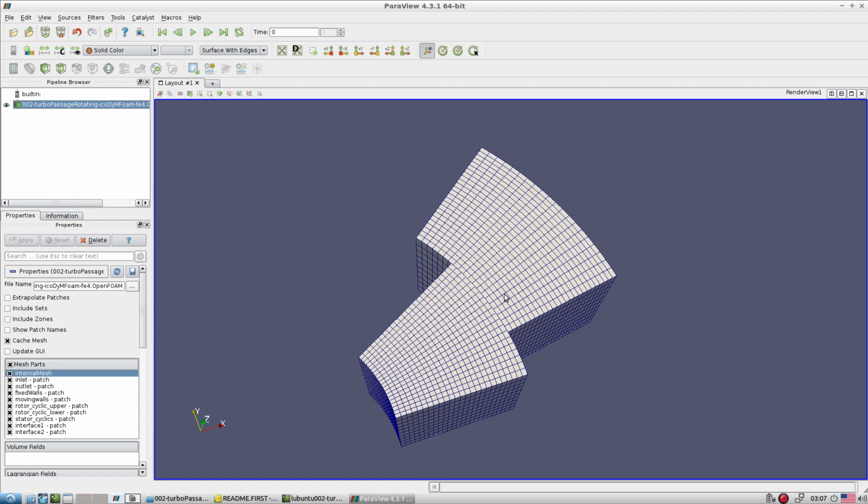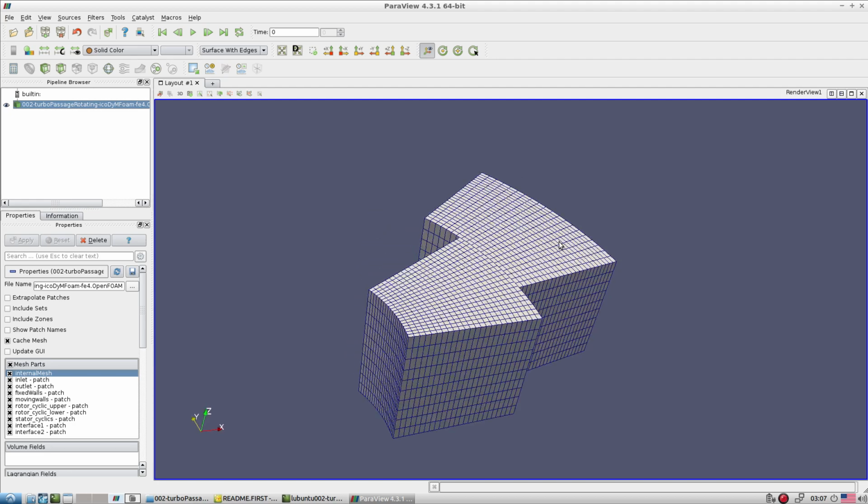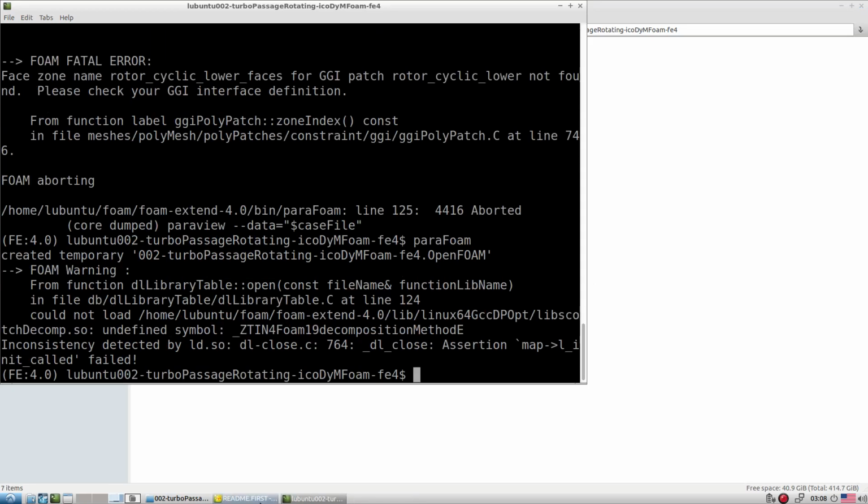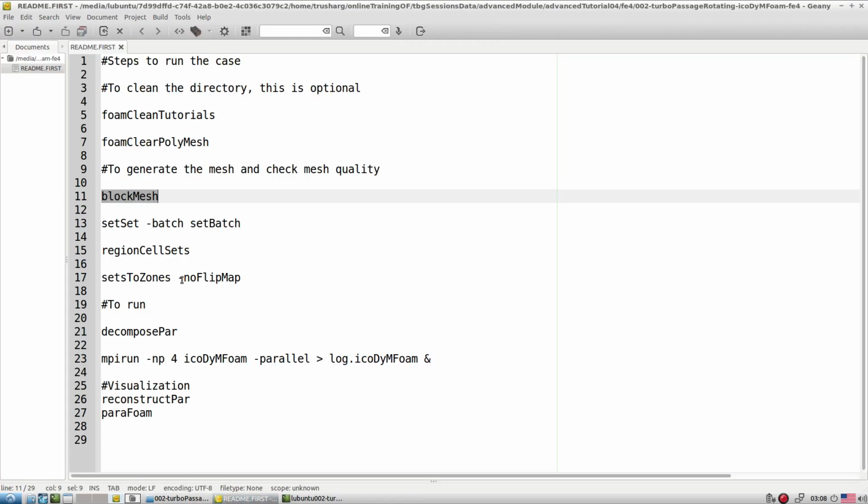We just consider a segment of this particular portion. Okay, and we try to mimic the same thing, like the entire portion is rotating, with the help of this simple segment of stator and the rotor. So let's explore how it is going to work. Okay, so this is set.